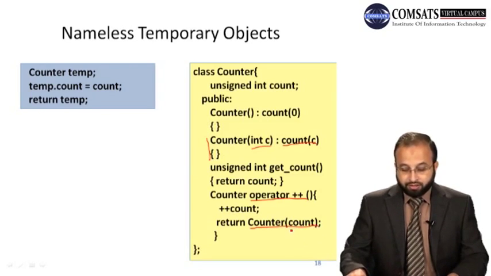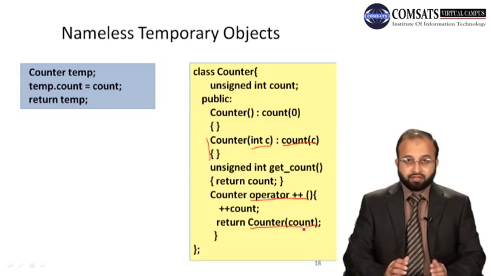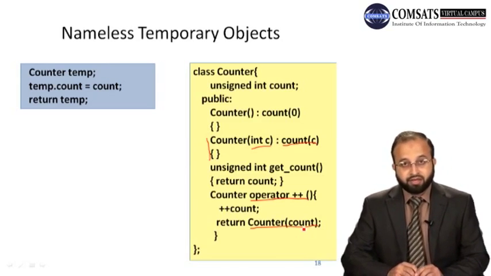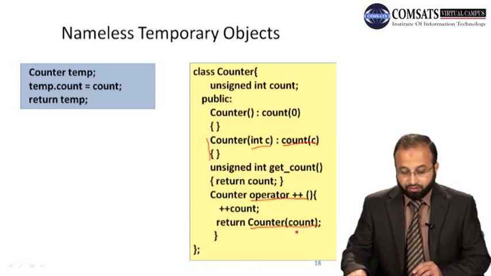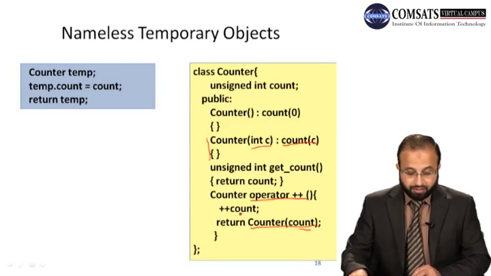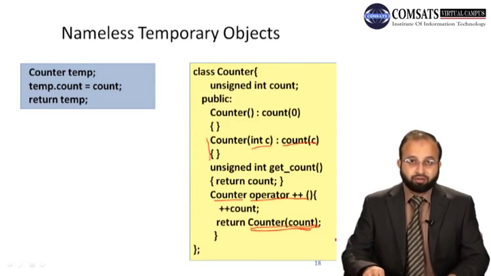When we invoke that constructor and pass the value count to it, it will create an object and initialize its data member with that count value, which we provide, and then return that object. And what is the return type of this function? Count. Now that is the object that is created in the memory, and that is actually the nameless object.